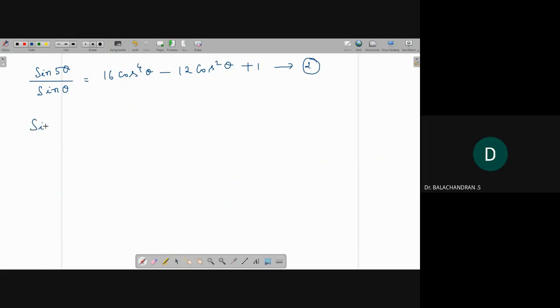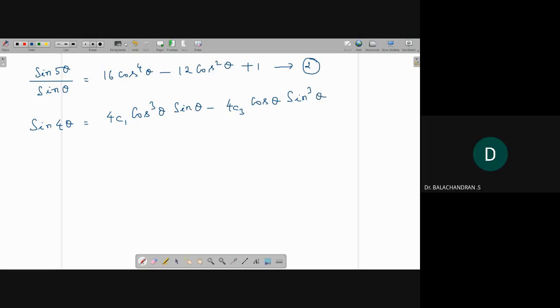Substitute in the formula: 4C1, that is nC1 cos power n minus 1, so cos cube theta sin theta, minus 4C3 cos theta sin cube theta.